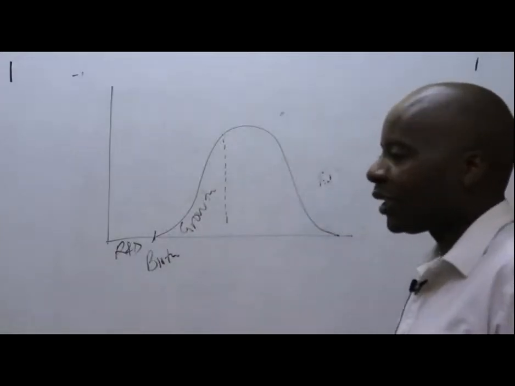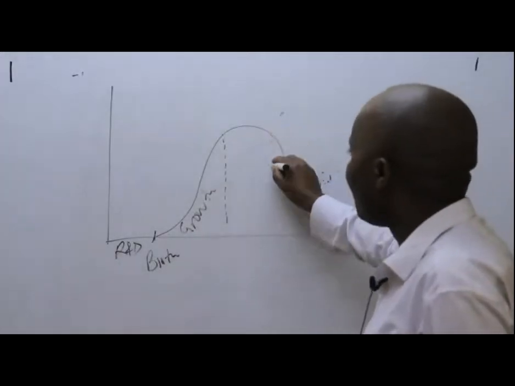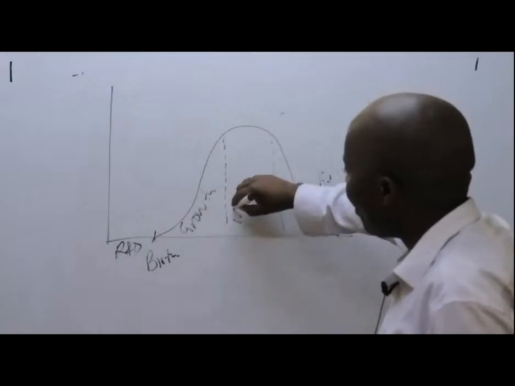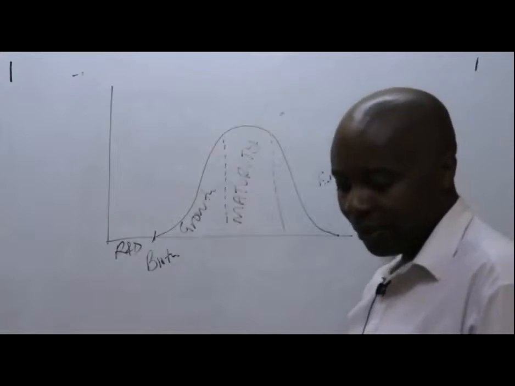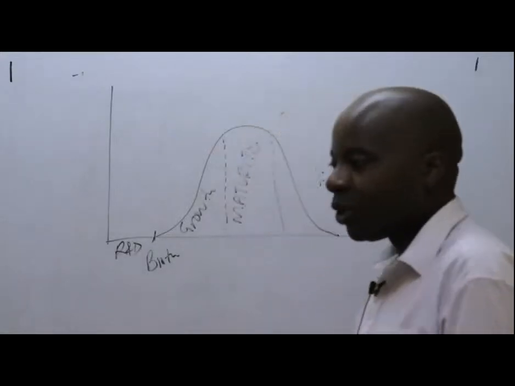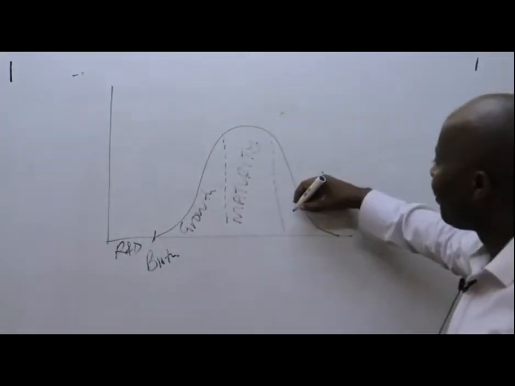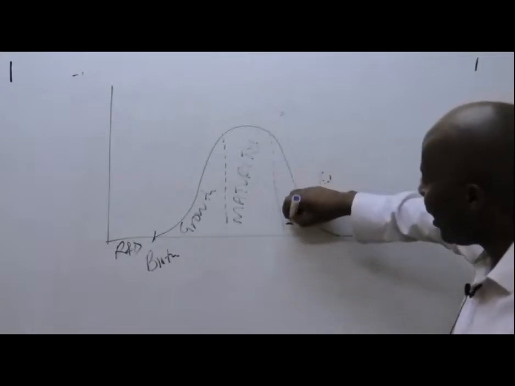Ladies and gentlemen, after that, what else do we have? We'll of course mature. We can't grow forever. So we have maturity, and then we'll come and talk of death. Not death first of all, we have decline.